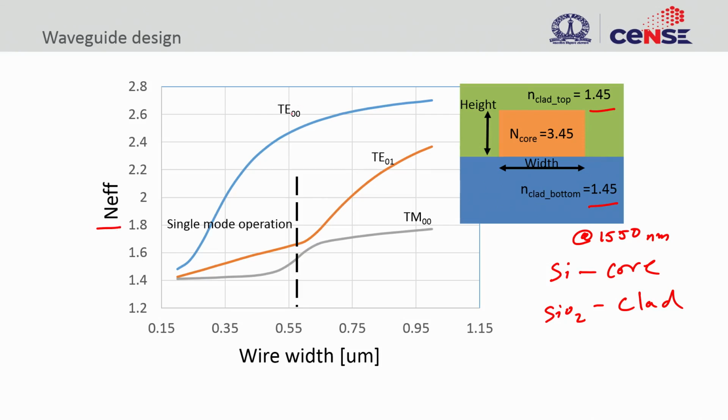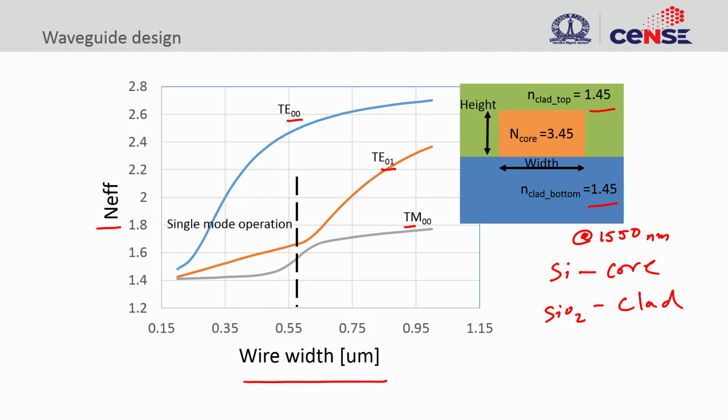We have the transverse electric mode, which is the fundamental mode, the first order mode, and we have the transverse magnetic mode. These are all the different solutions that you have for various wire widths. The wire width is this particular width that we have here, and the height we can choose whatever we want.